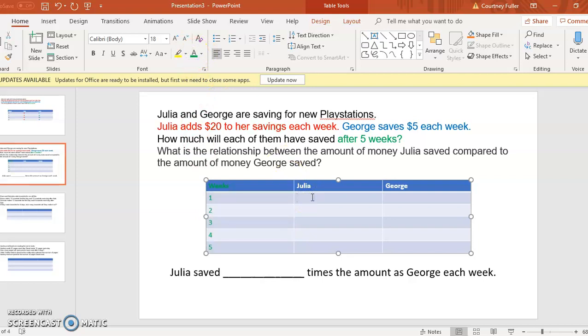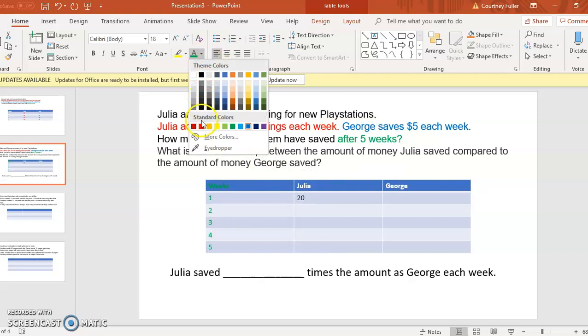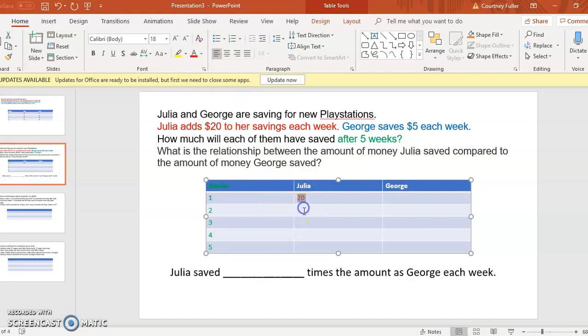Now, let's dive right into Julia's pattern. She adds $20 to her savings each week for that new PlayStation. $20 each week. So week 1, she's saving $20. And then in week 2, she has that $20 and she saves another $20.